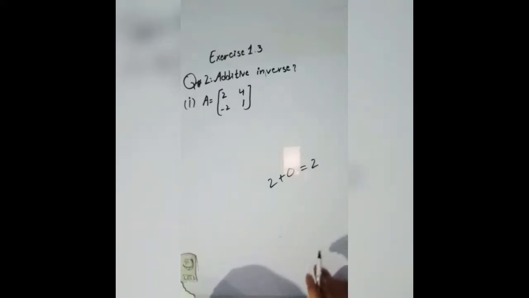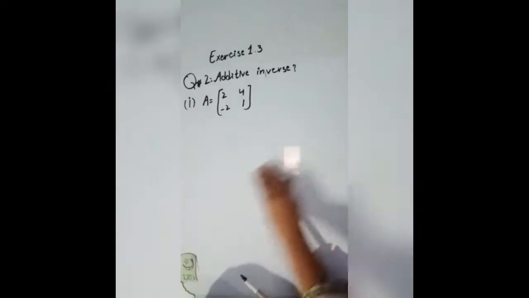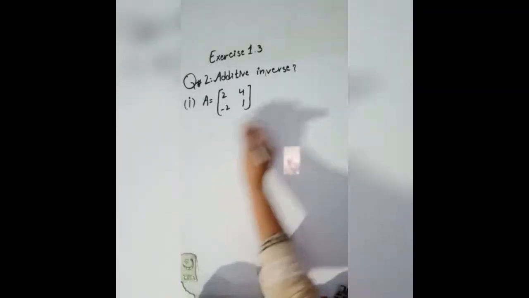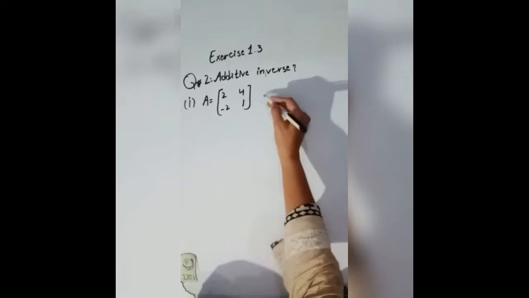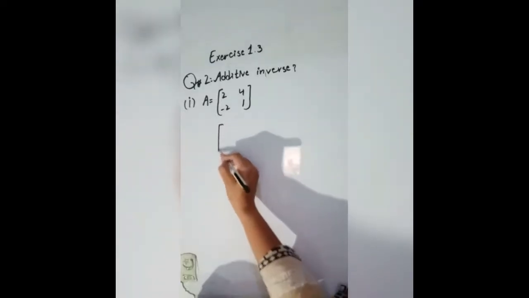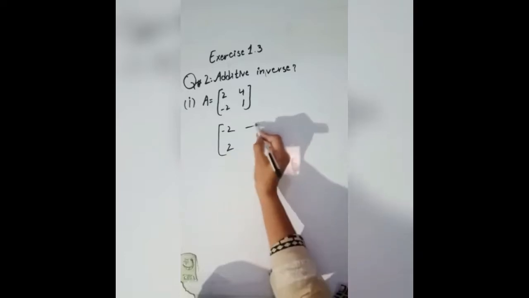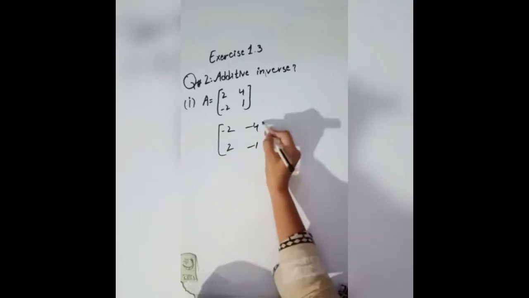For example, if we add 2 plus 0, it remains answer 2. So this is additive identity. So in matrices, we have additive identity 0 matrix. Additive inverse of this matrix is -2, 2, -4, -1.